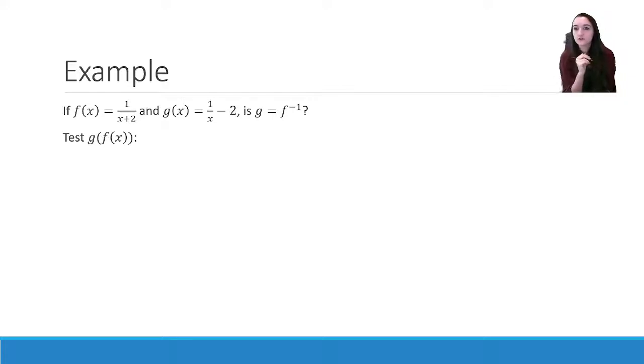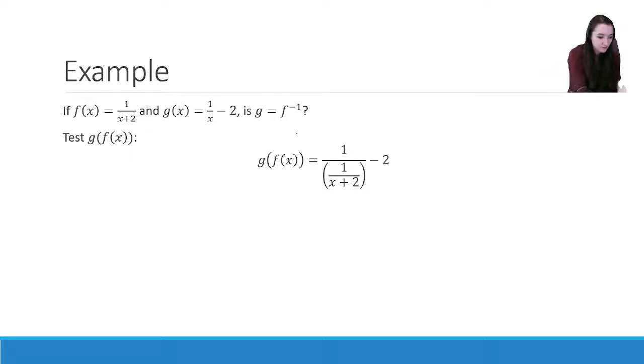So, first we're going to start with g of f of x. G of f of x equals 1 over x plus 2, minus 2. Okay, so I've plugged f of x into g of x right there. And then I'm going to simplify that. So remember 1 over x plus 2, that is division by a rational function, or division by a fraction.